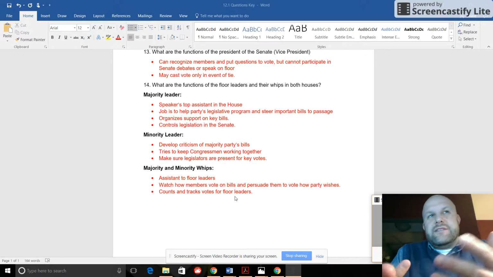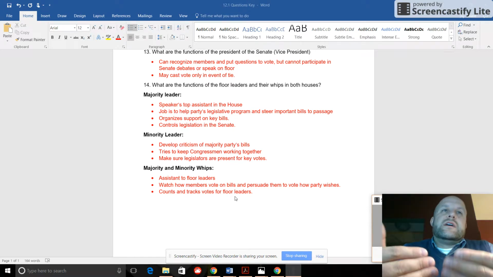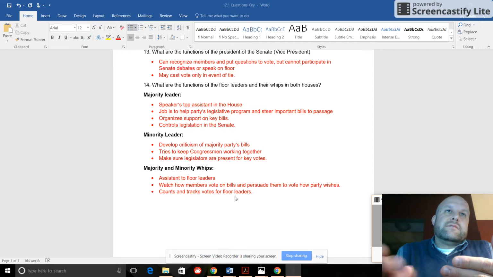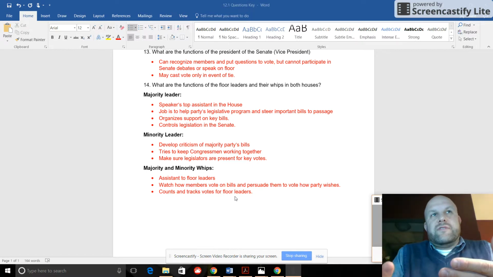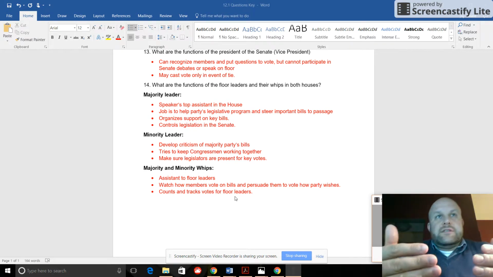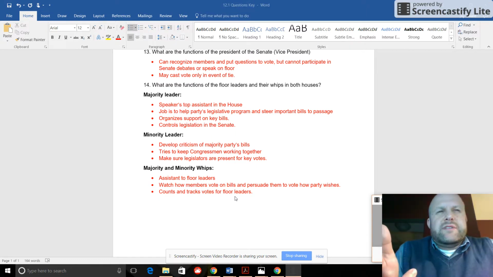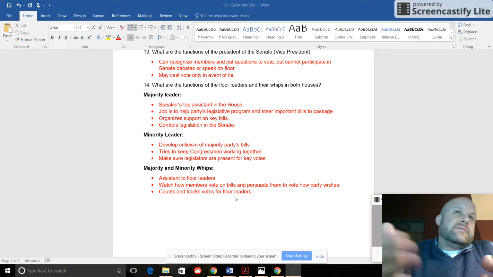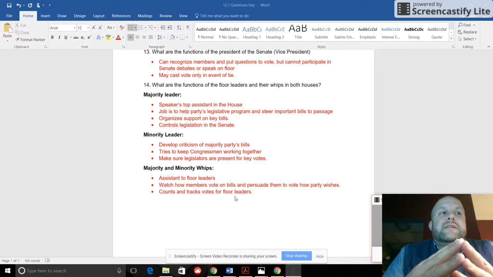Sometime later, during the Obama administration, the Republicans took control of the House of Representatives. Nancy Pelosi then became the minority leader because her party was in the minority. The same is true of the current majority leader in the Senate, Mitch McConnell. He at one time was a minority leader until the Republicans took control of the Senate during the last election.